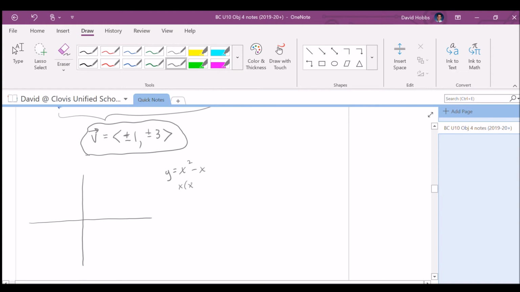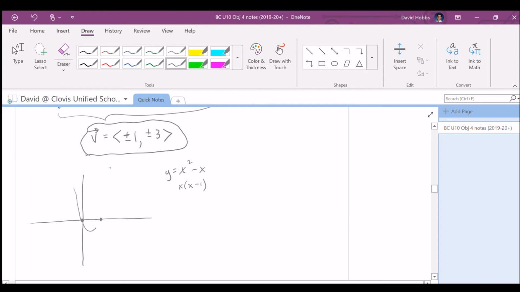With a GCF of x, we get intercepts of 0 and 1, and it's opening up, so just a quick little sketch.